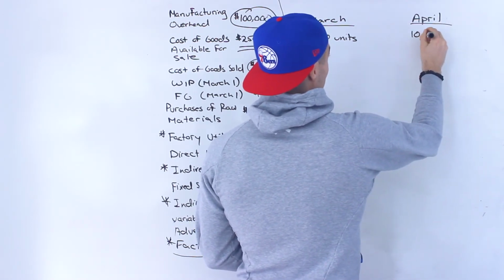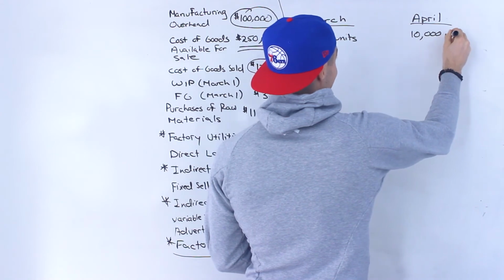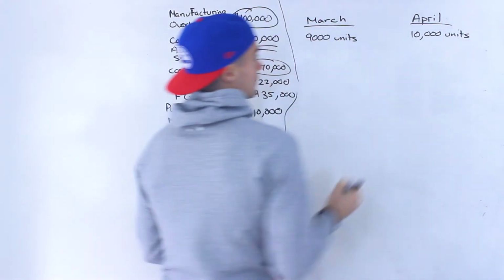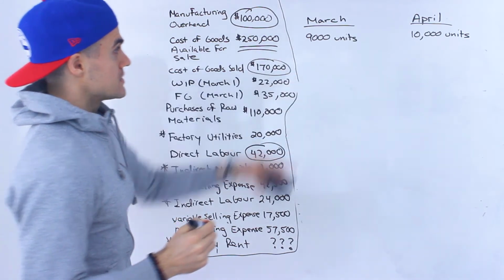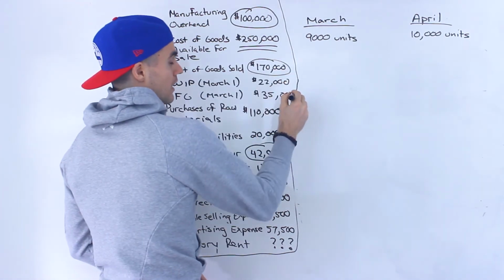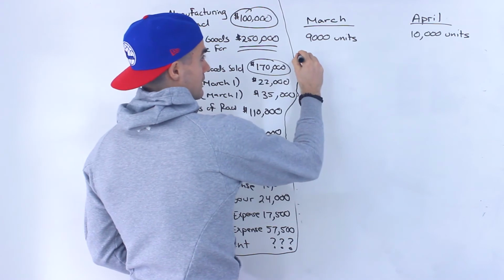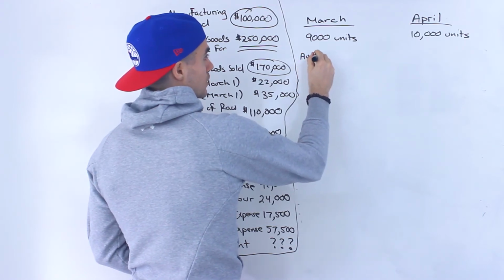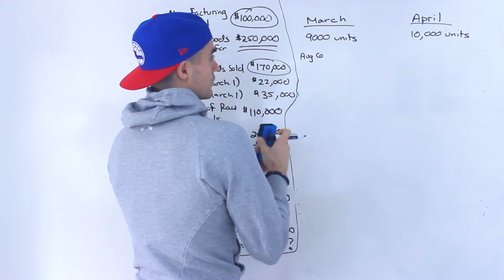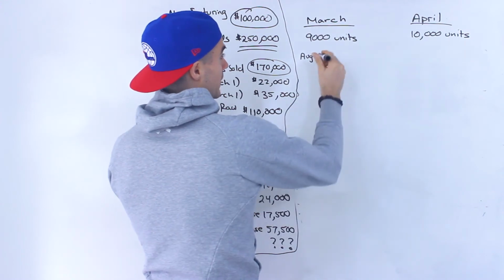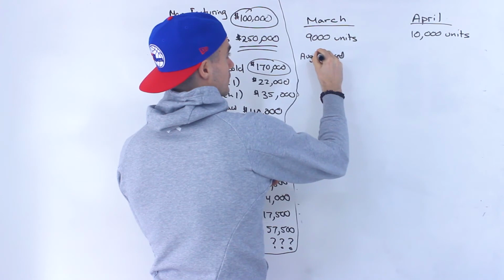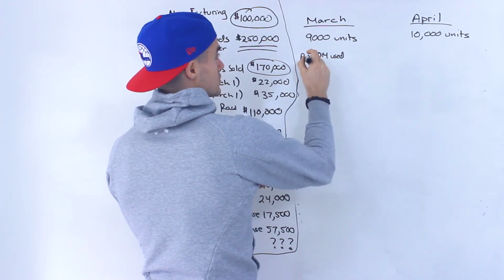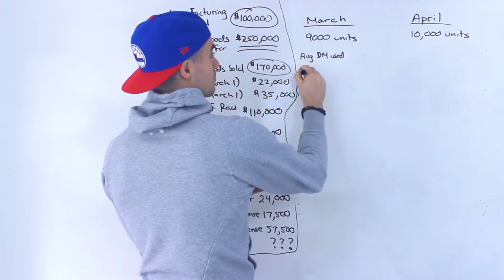In April, we're told to assume that 10,000 units are going to be produced. Now, what we're asked to do for number 2 in March is find the average direct materials used. This is a DM right there. So average direct materials used per unit.